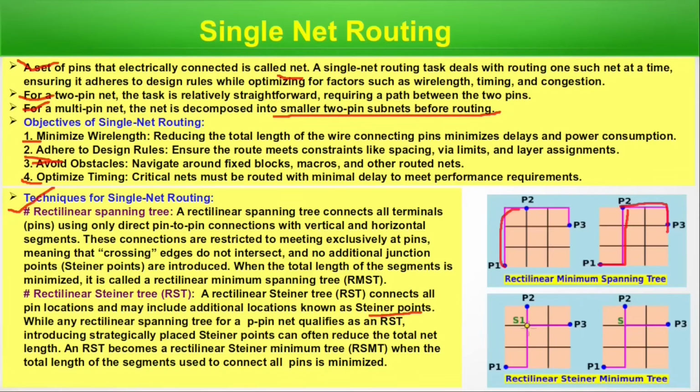Like from P1 to P2, if we introduce one Steiner point, from there only we can draw another connection, like P1 to P2 through S1, and from S1 it's connected to P3. These are the rectilinear spanning tree and the rectilinear Steiner tree. These are techniques for single net routing.